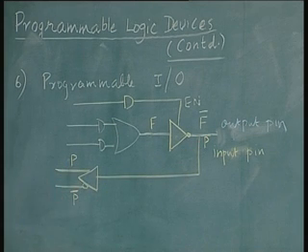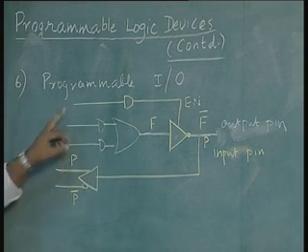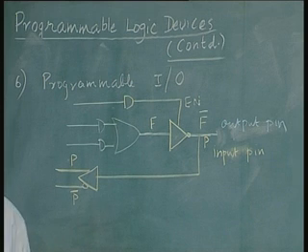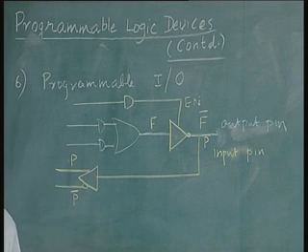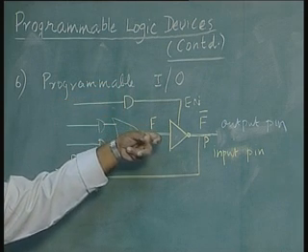This is called programmable I/O, and this enable need not always be through the logic function, because sometimes I know I want only 5 inputs, 5 outputs. There are a total of 8 outputs available. There are 3 redundant outputs, I know for sure in the beginning. So, I am going to disable these 3. There is no point in trying to make a combination logic to disable every time.